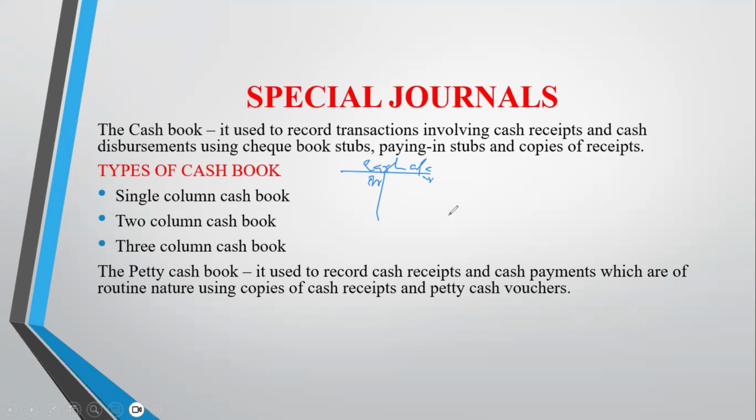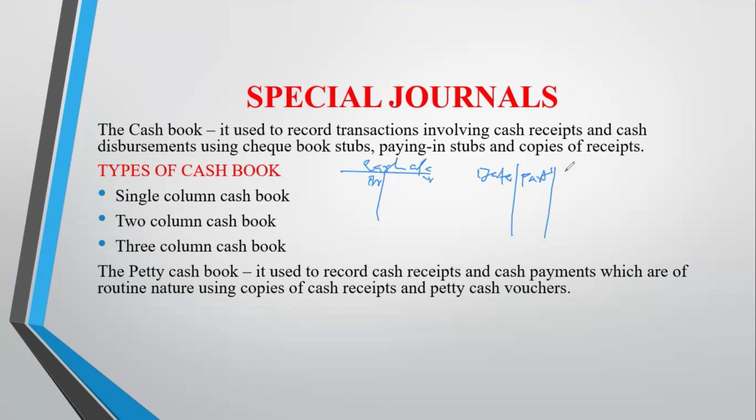Then when it comes to the two column cash book, it is where we have the cash and bank. We have the cash column, then we have the bank column. So that one too is something like this, where we have the dates here, then we have the particulars here.